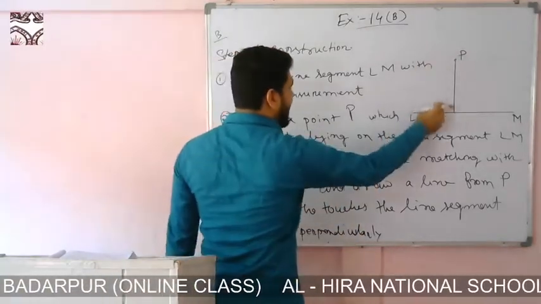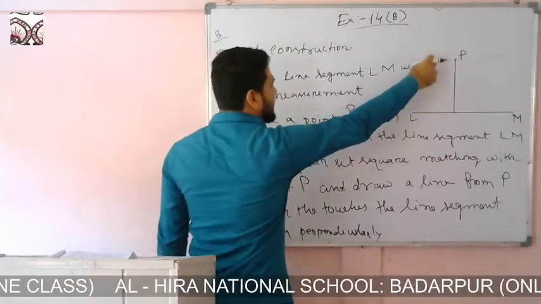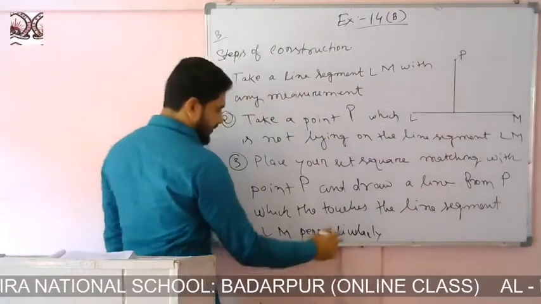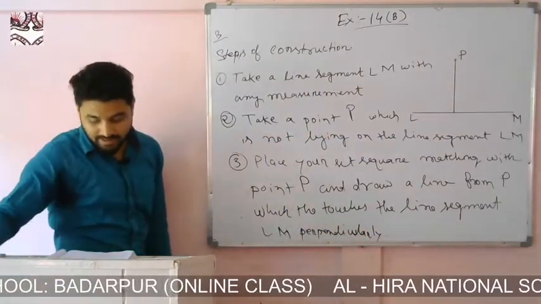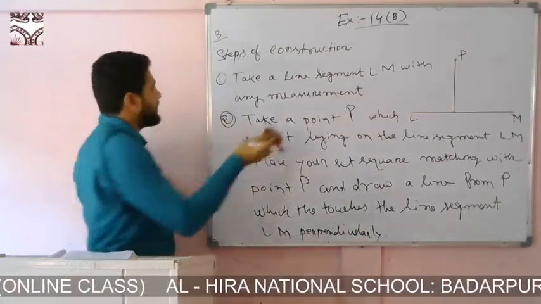We have drawn. After drawing, we saw that this line touches the LM line segment perpendicularly. Full stop. Now we have got the answer. Now write the answer: construct a perpendicular from P to the line LM.